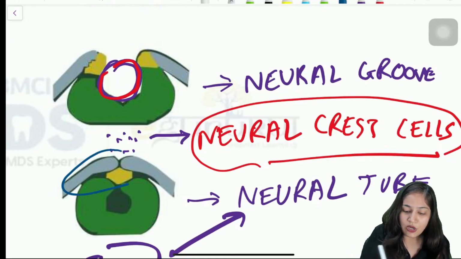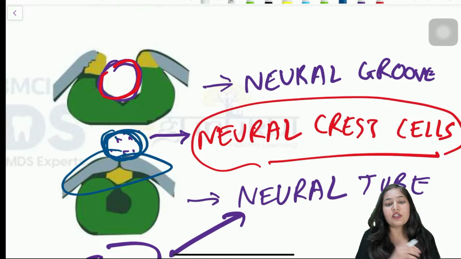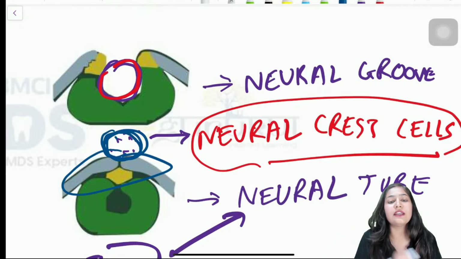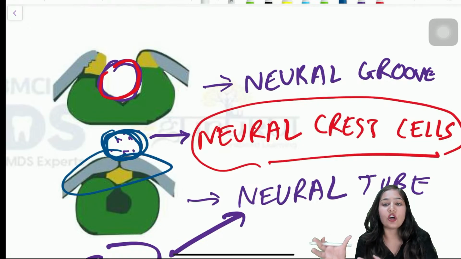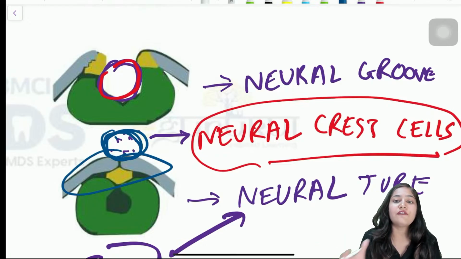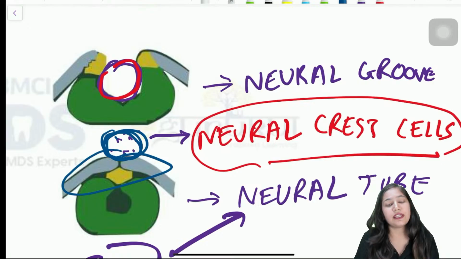And above this tube, we have condensation or differentiation of cells present at the crest of this fold, which are neural crest cells. They proliferate and differentiate, leading to the formation of ectomesenchyme, which is further involved in the formation of the rest of the dental tissues, except enamel.